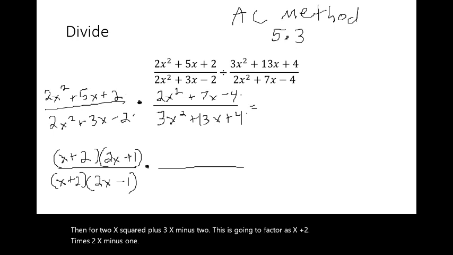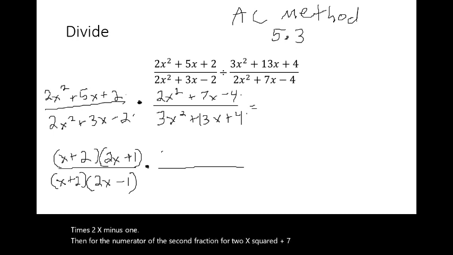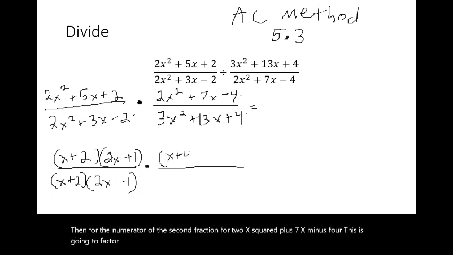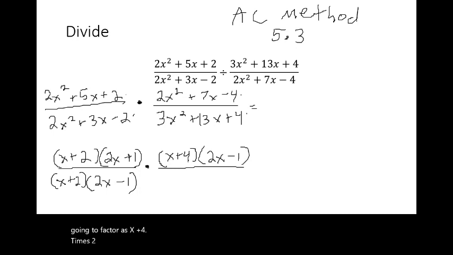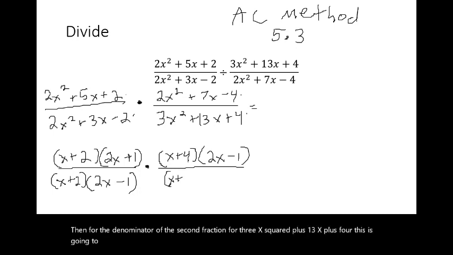For the numerator of the second fraction, 2x squared plus 7x minus 4 is going to factor as x plus 4 times 2x minus 1. Then for the denominator of the second fraction, 3x squared plus 13x plus 4 is going to factor as x plus 4 times 3x plus 1.